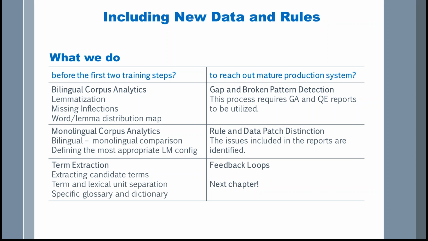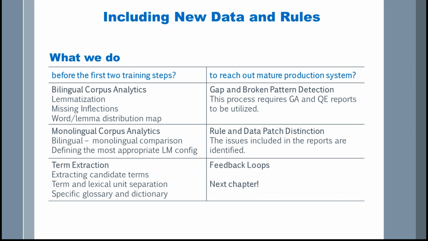So bilingual corpus analytics, as I mentioned, and monolingual corpus analytics are about comparing the bilingual data with monolingual data, just to be sure that the two sets of data are really related with each other and coherent.